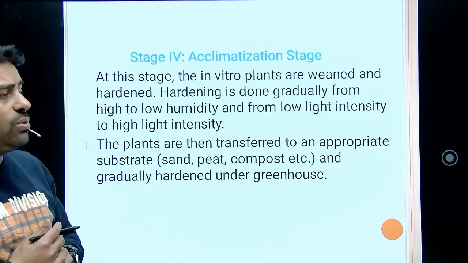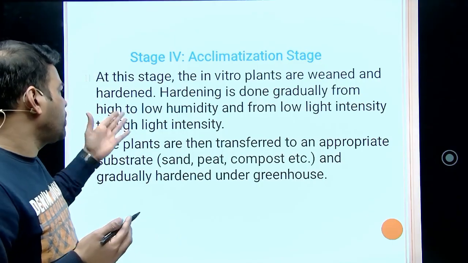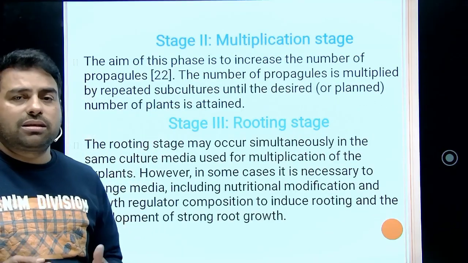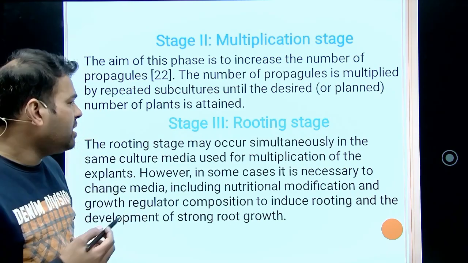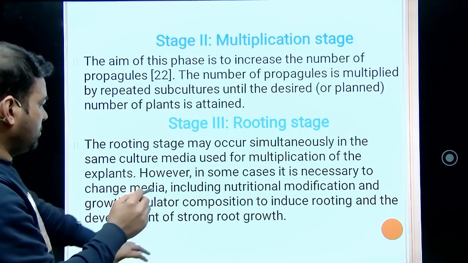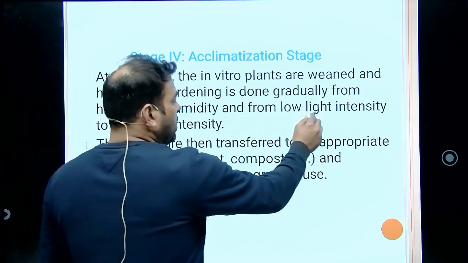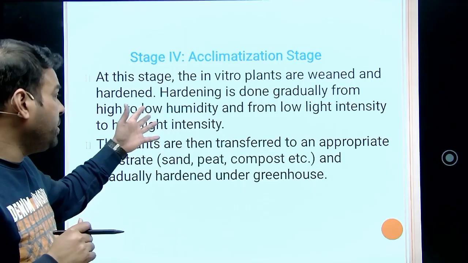So we have to transfer the plants to a condition of low humidity to make the plants more adaptive to the outer environment, and from low light intensity to high intensity, meaning sunlight will be there and low humidity will be there.